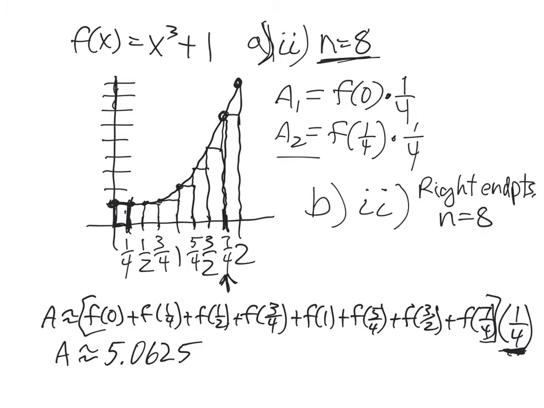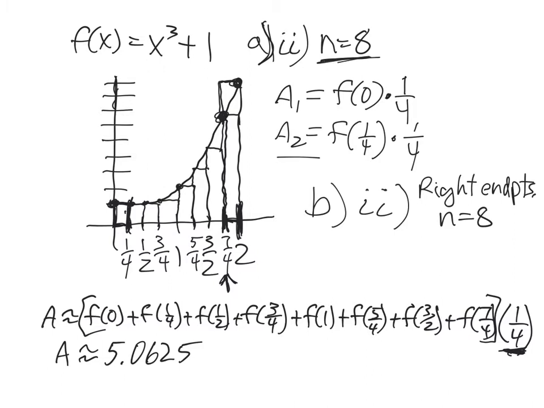Let's start at the right end and work our way back left. It'll be a little easier to show. This 8th rectangle, instead of using 7/4 to calculate the height, let's use 2 to calculate the height. So the rectangle here would actually be above the curve.